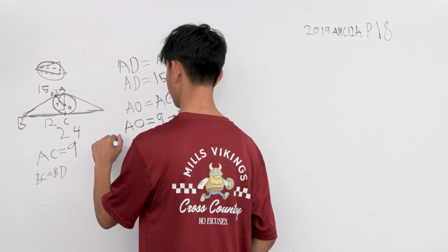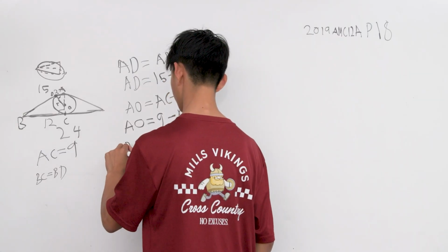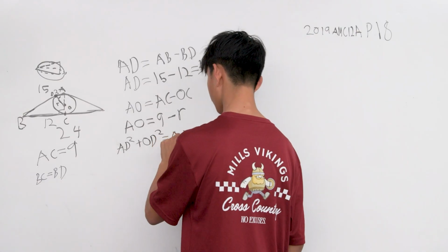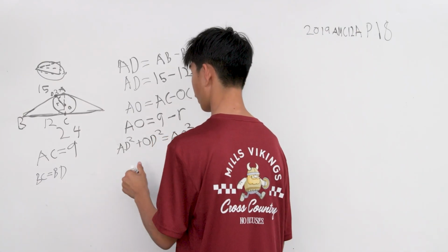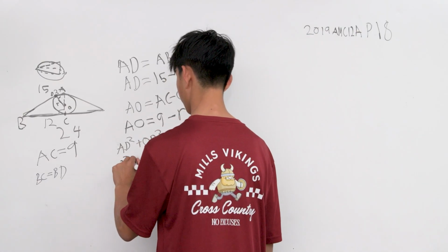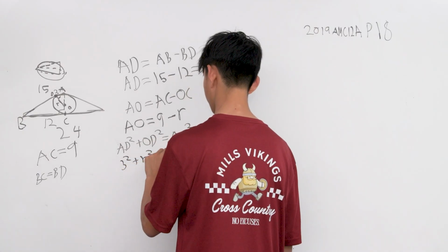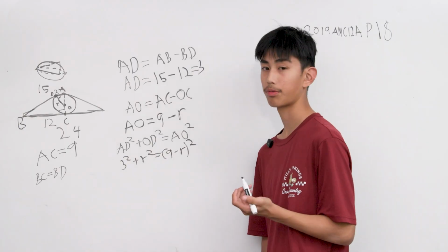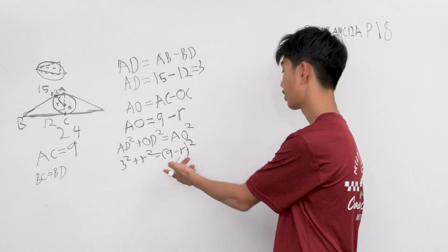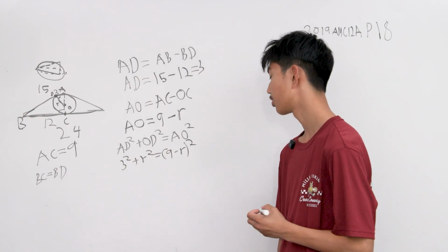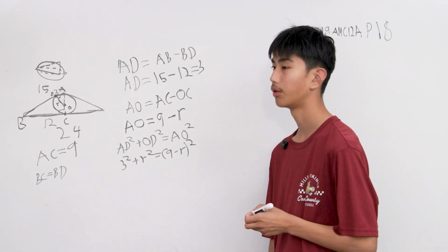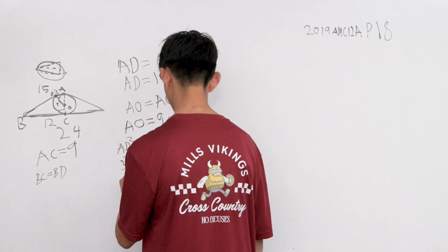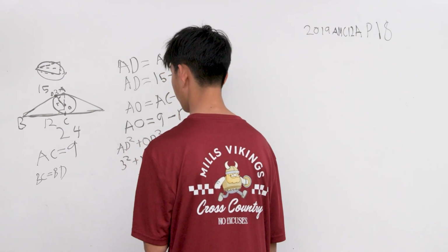So AD squared plus OD squared is equal to AO squared. Therefore, 3 squared plus R squared is equal to 9 minus R squared. This is pretty simple now, because the R squares cancel, and then you can just solve for R, giving us R equals 4.